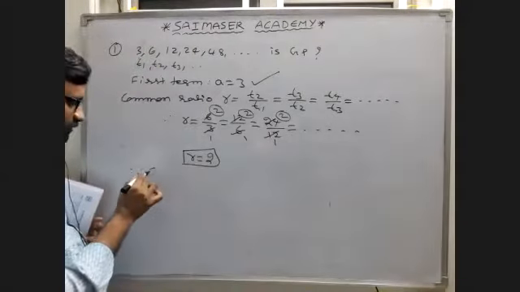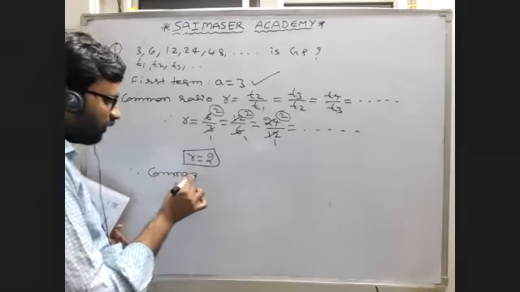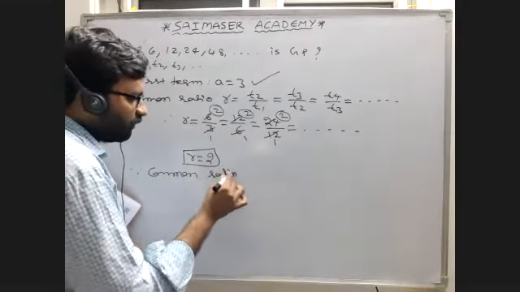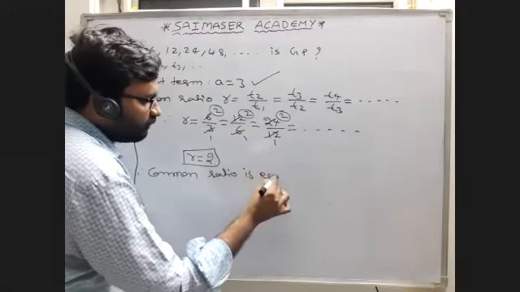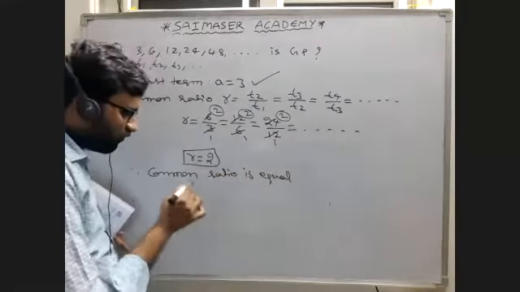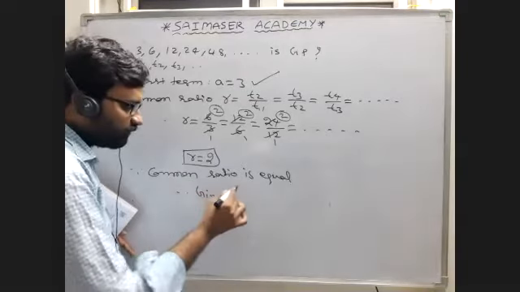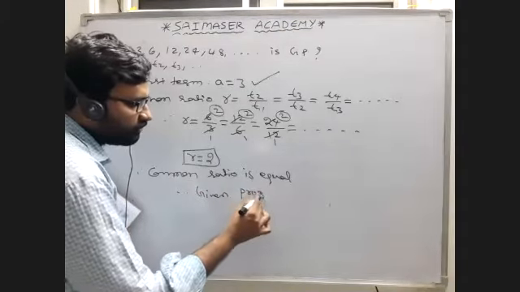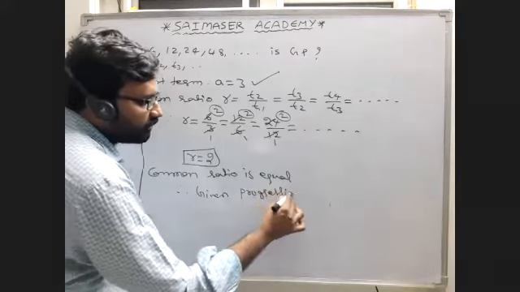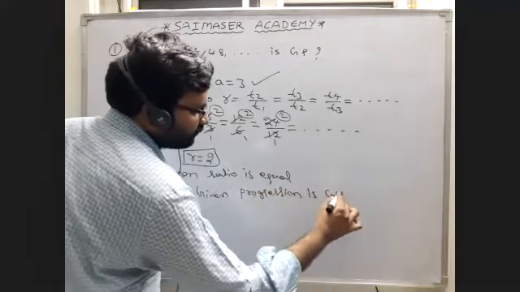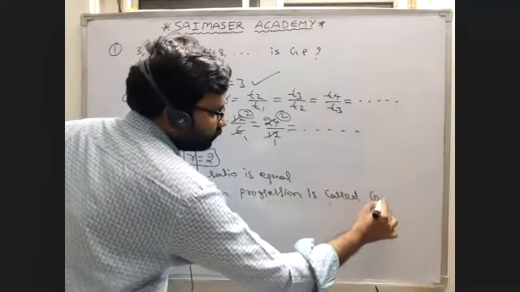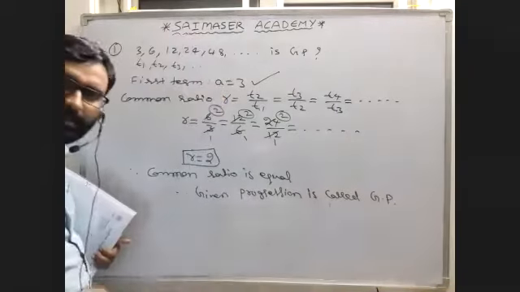Since the common ratio is equal, therefore the given progression is called a GP.